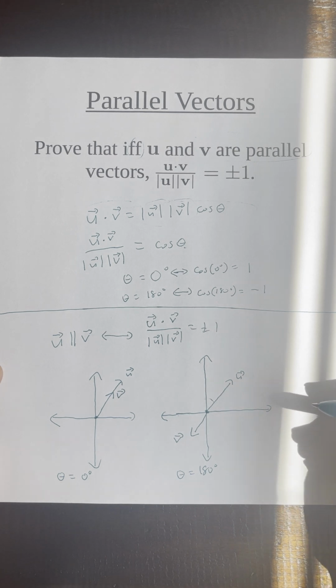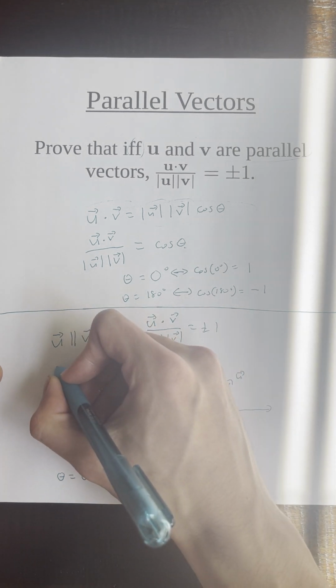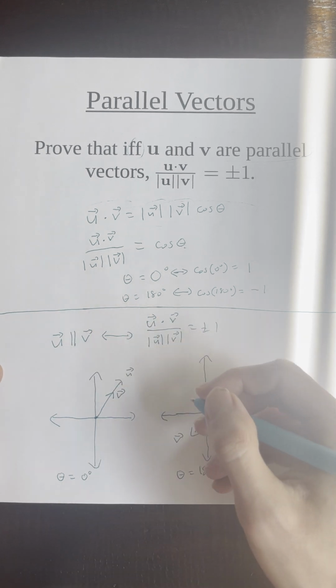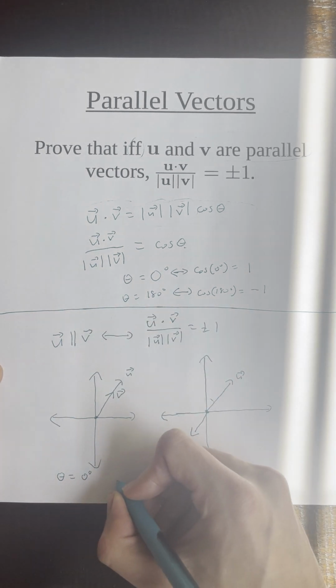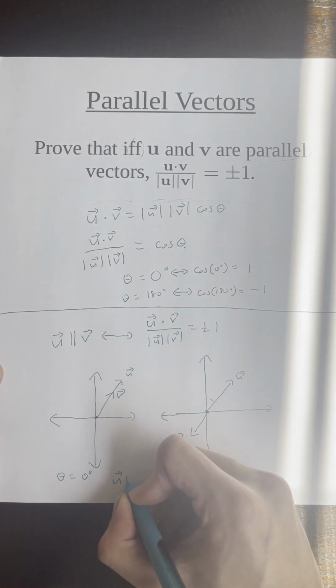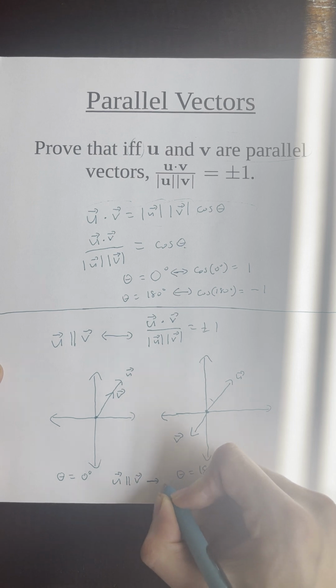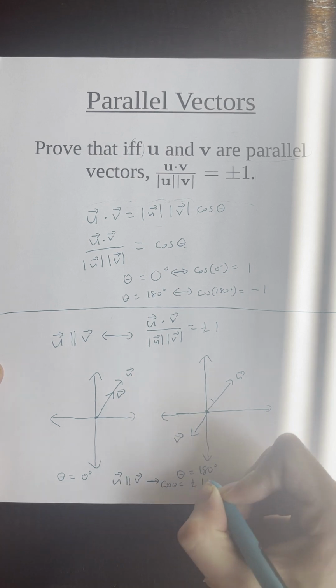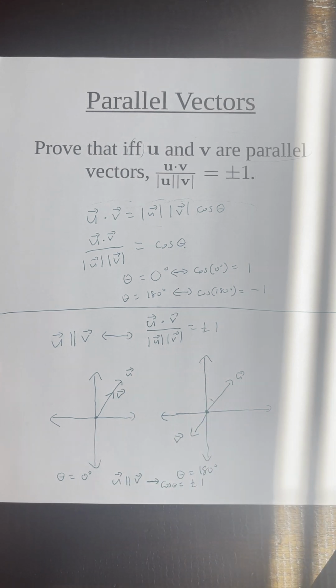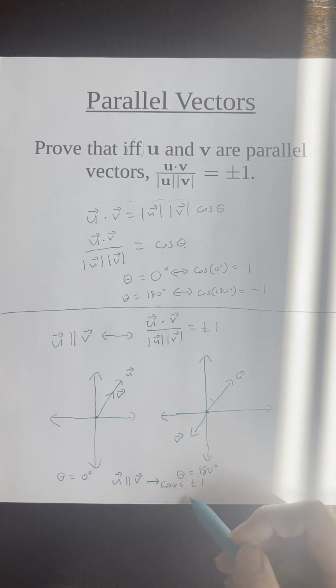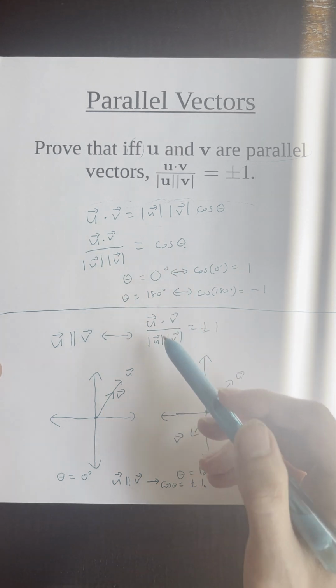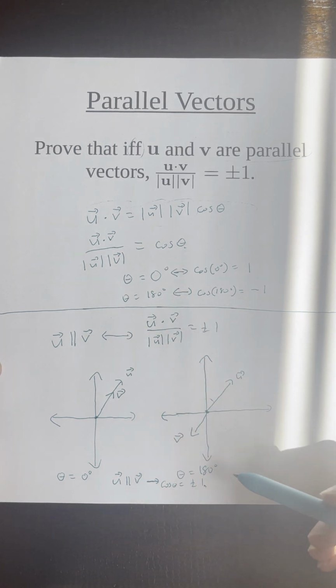Okay. So basically we just showed, and I'll write out a formal proof in a second, that u being parallel to v implies that cosine theta is equal to plus or minus 1. And if cosine theta is plus or minus 1, then what did we just prove?